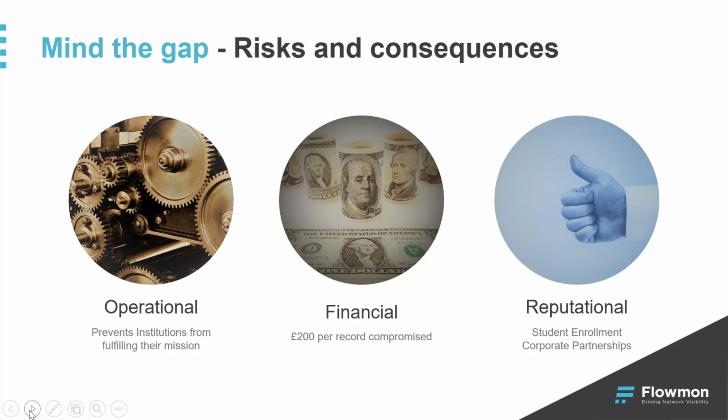From a financial perspective, the impact is also quite substantial. A research institute called Flowmon came up with a figure which, after factoring in all the different costs, including the customer loss, the time to detect a breach, the cost of fixing identified vulnerabilities, compensations, and things like that, said that the average data breach cost that institutions of higher learning have to face is around 200 quid per record compromised in an attack.